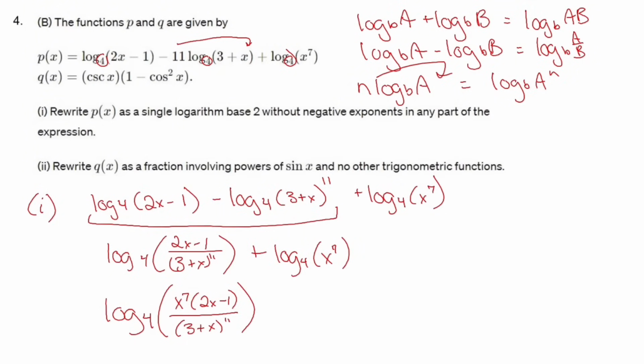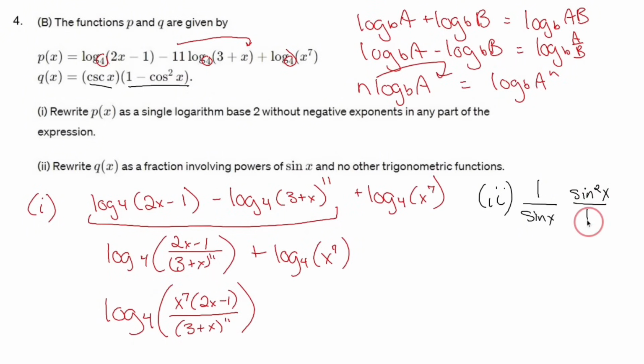Now, part B is asking us to simplify this expression. Whenever you're asked to simplify, if you see a cosecant, write it as 1 over sine x. If you see a squared trig function, try to find its Pythagorean identity. 1 minus cos squared x is the same as sine squared x.